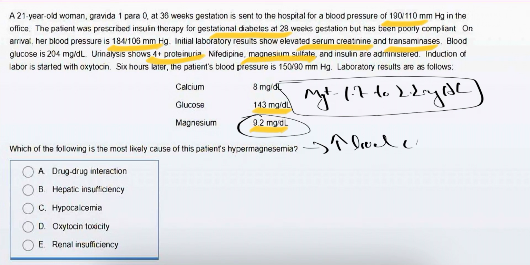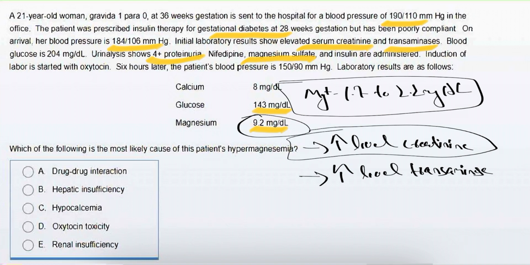As we already know, this patient has an increased level of creatinine, which means she has kidney damage, and second, she has an increased level of transaminase, from which we are sure that she also has hepatic injury. So the most common cause of hypermagnesemia in a patient with increased creatinine is renal insufficiency. So here the correct option is choice E, renal insufficiency.